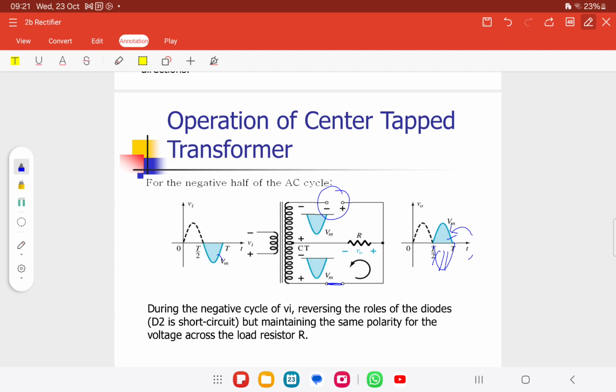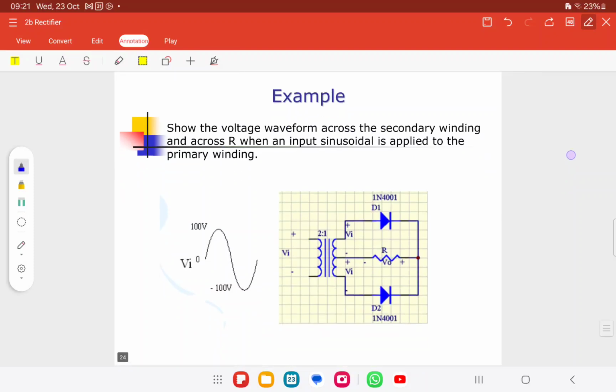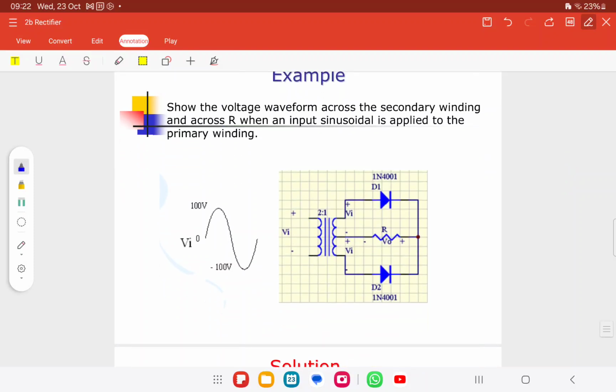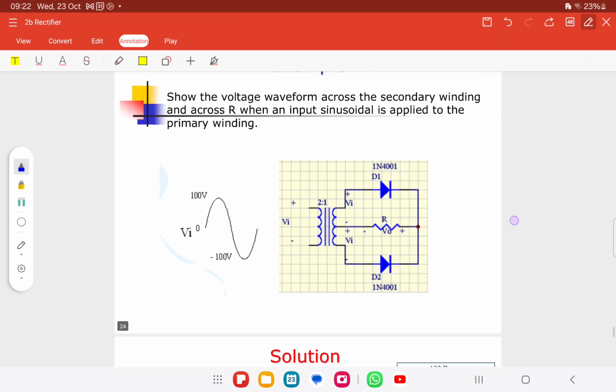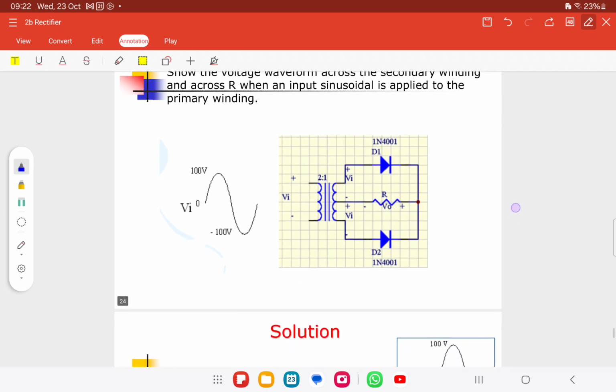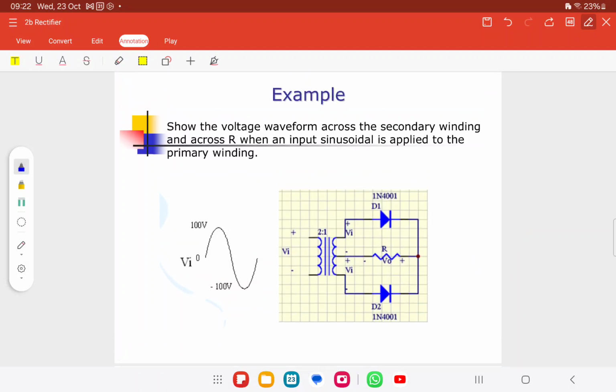Okay, I want to show the comparison between the two half wave dengan full wave. Okay, this one is waveform. Maximum peak dia is 100 equals to Vm lah kalau macam ni.